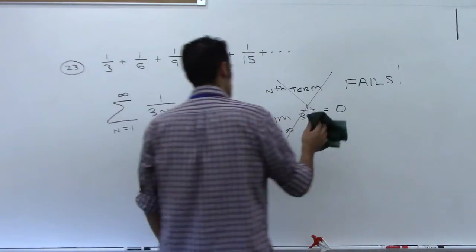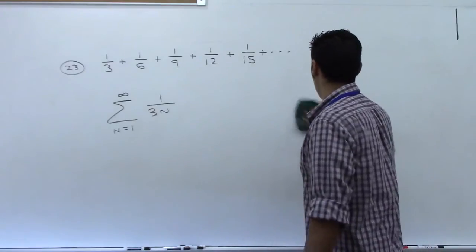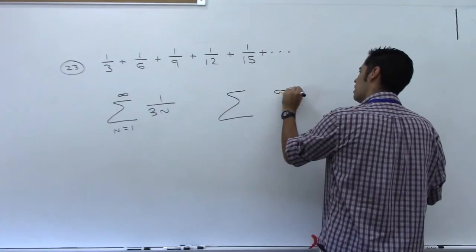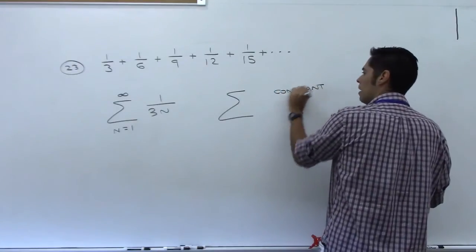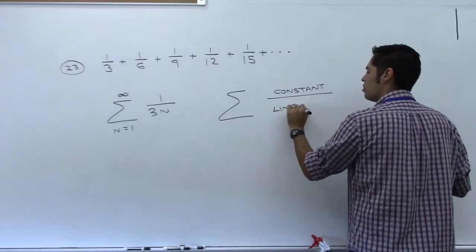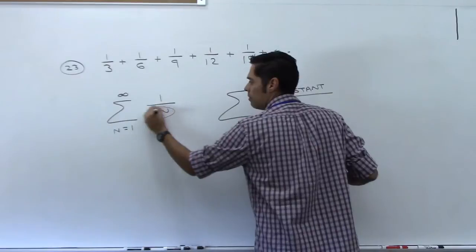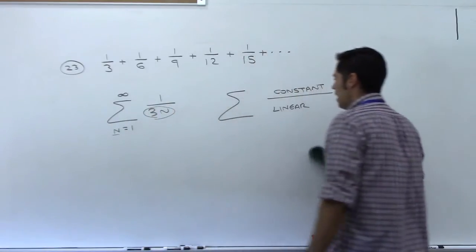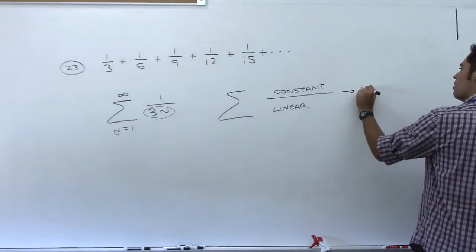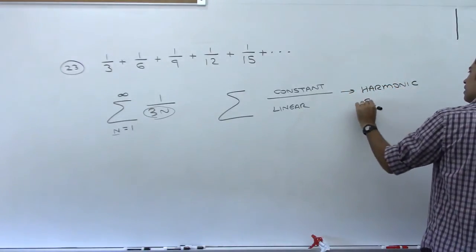So this is where you have to go back and look at the lecture and realize that what you have here is a constant on top. Okay, so you've got your sum. You've got some constant on top, which in this case is the 1, over some linear expression in the variable n, which is our index. Anytime we see this, this is the same as a harmonic series.